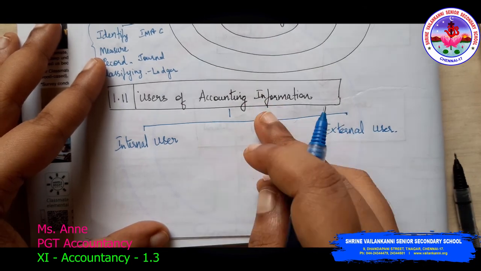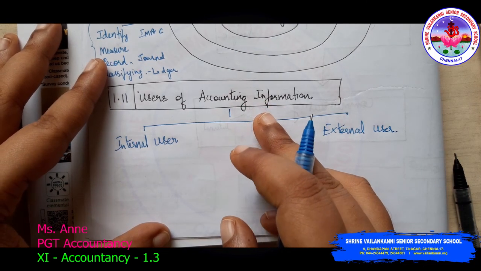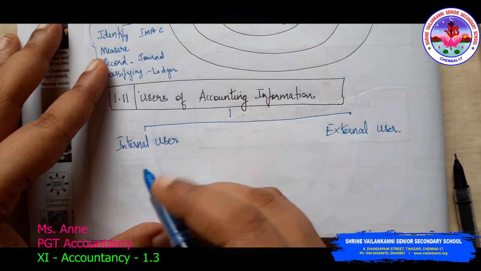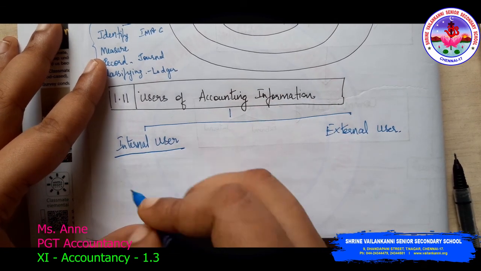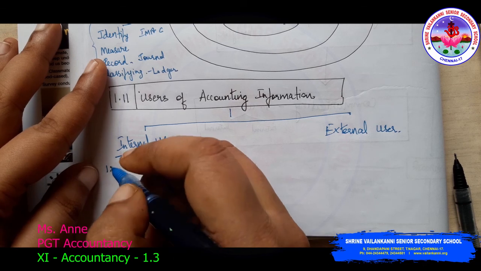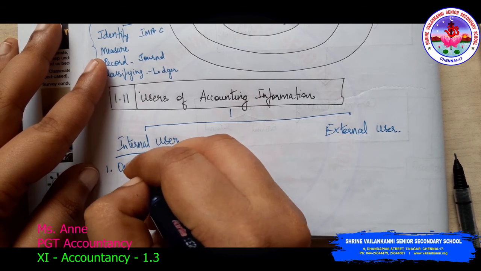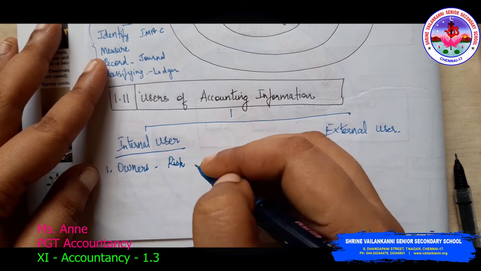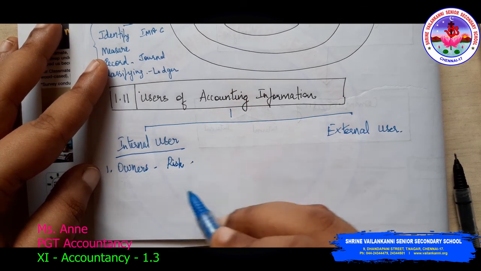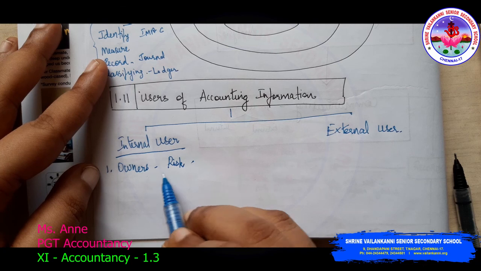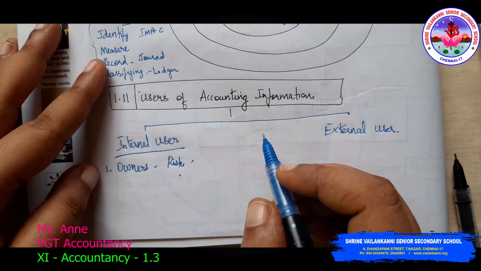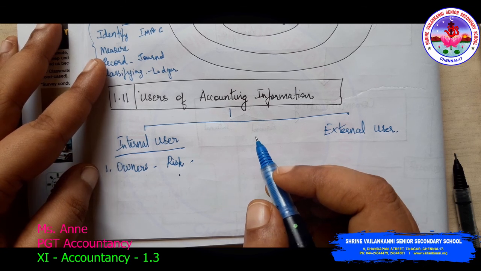Who uses this accounting information, that is the financial statements, your ledger? There are some internal users. We have the owners. Owners ultimately take the risk, so obviously they want to know whether their business is doing well or not.